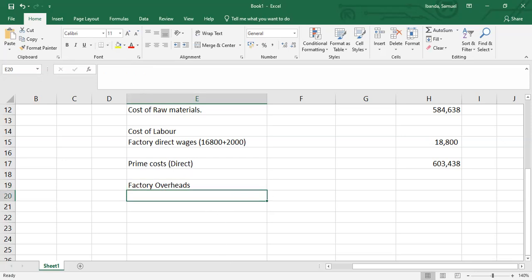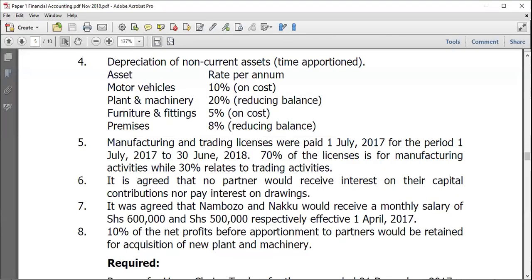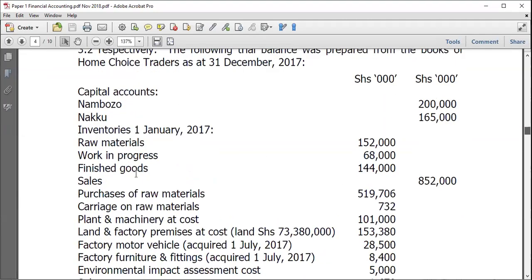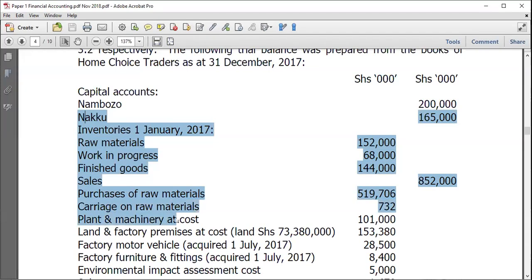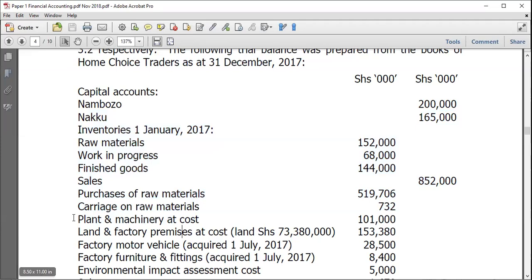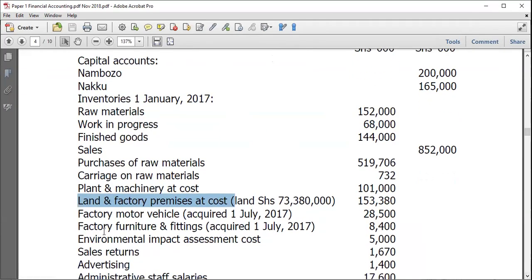So under my factory overheads, I'll now go back to my question. Anything that has a factory expense will be a factory overhead. So as we look here, not yet. Now, when we get here, of course, there is a depreciation to do with the factory premises, the factory motor vehicle and so on.